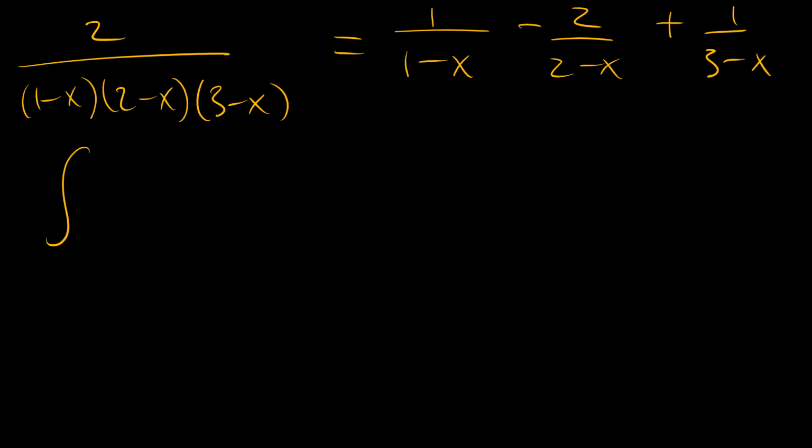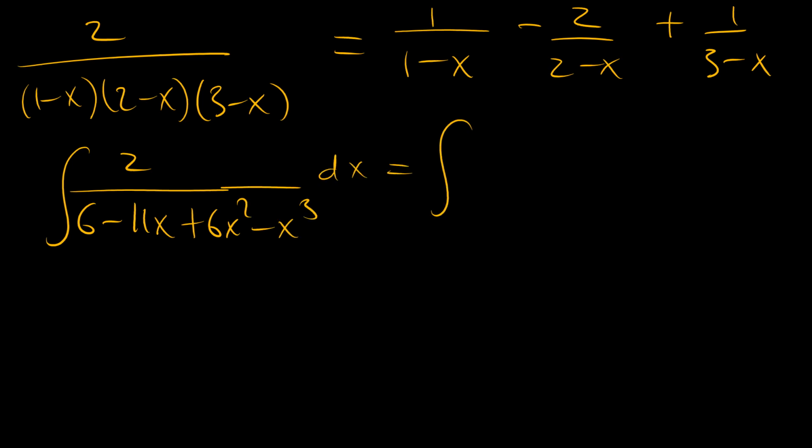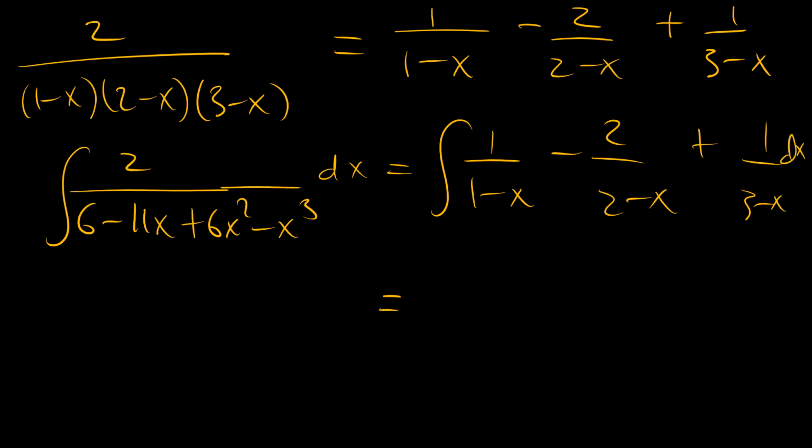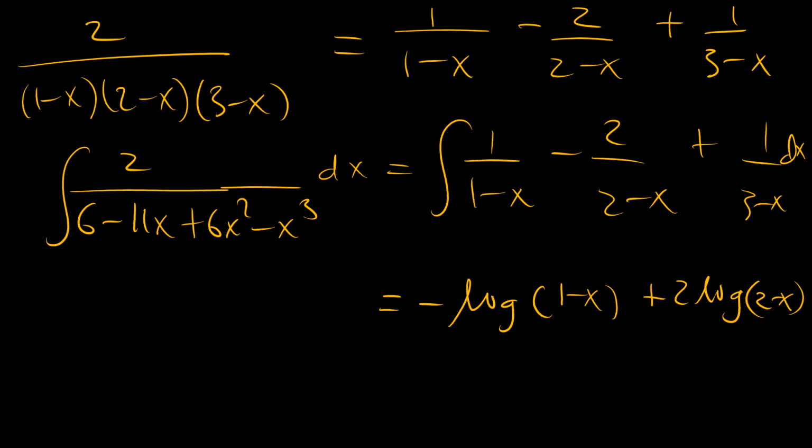So the integral of 2 over 6 minus 11x plus 6x squared minus x cubed is equal to the integral of those, which is equal to negative natural logarithm of 1 minus x, plus 2 natural logarithm of 2 minus x, minus natural logarithm of 3 minus x.